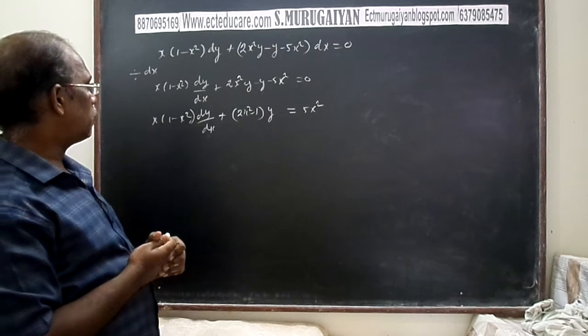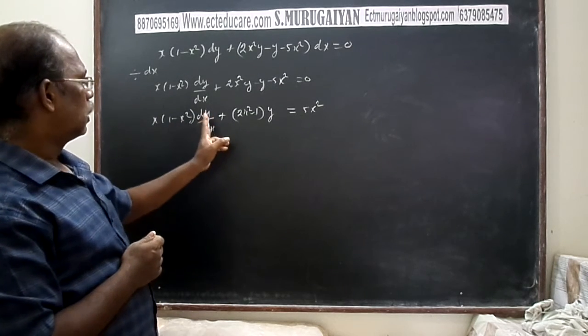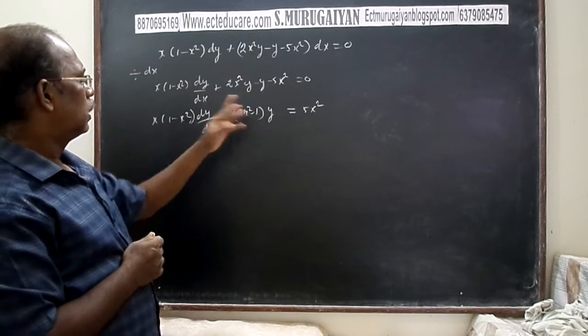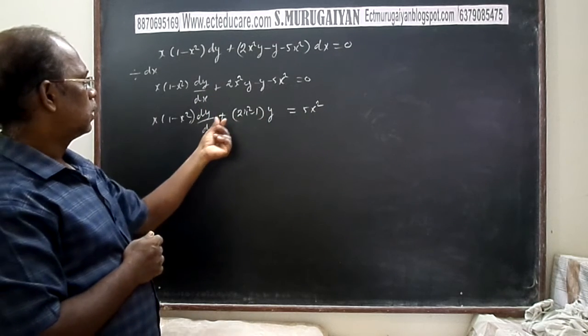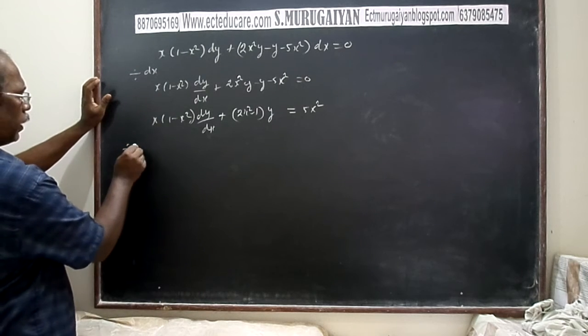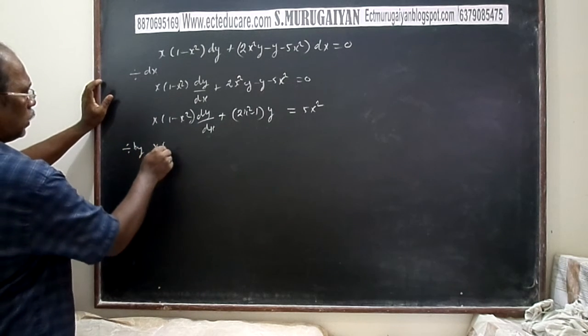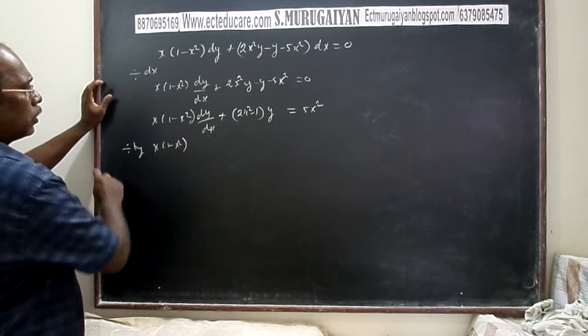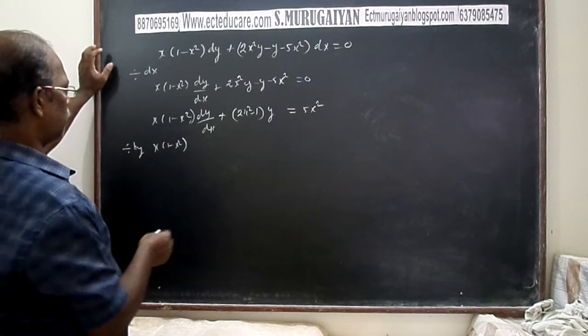What is the first type? dy/dx and the y term on one side, and the term independent of y on the other side. So once again we divide by x(1 − x²) throughout the differential equation.